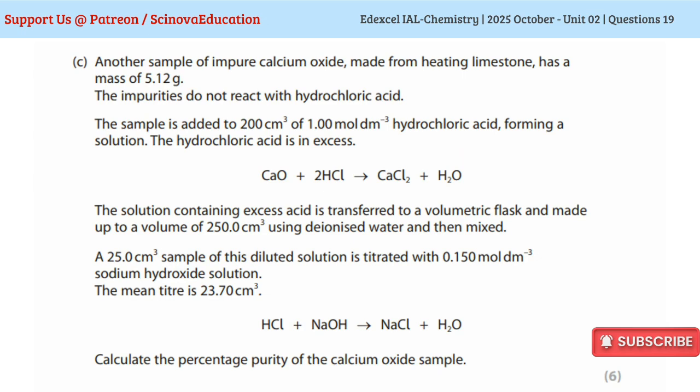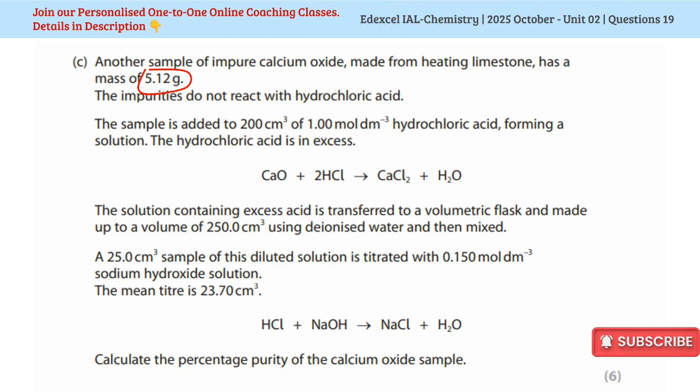Part C, another sample of impure calcium oxide made from heating limestone has a mass of 5.12 grams. The impurities do not react with hydrochloric acid. The sample is added to 200 cubic centimeters of 1 M hydrochloric acid, forming a solution. The hydrochloric acid is in excess and the reaction is given.